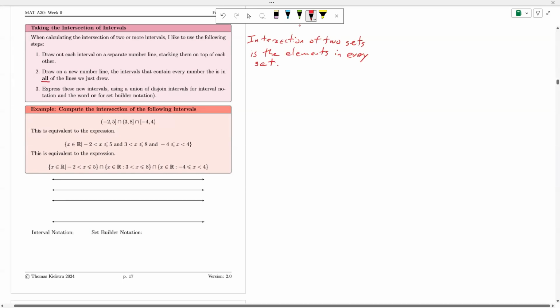So I'm going to take the values that intersect all lines. First, we're going to draw out each separate constraint, stacking them. Then we're going to draw a new line, and look at the intervals on the line that intersect with all of the lines we've drawn above. We're going to express this new interval using a union notation for disjoint set intervals in our new line and the word or in our set builder notation.